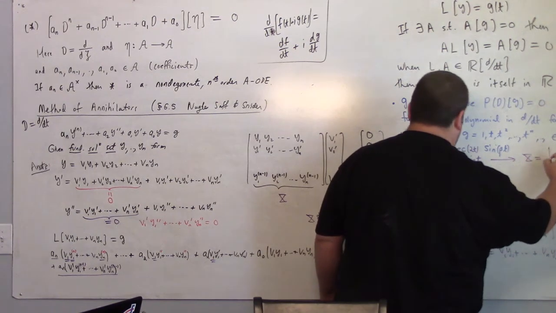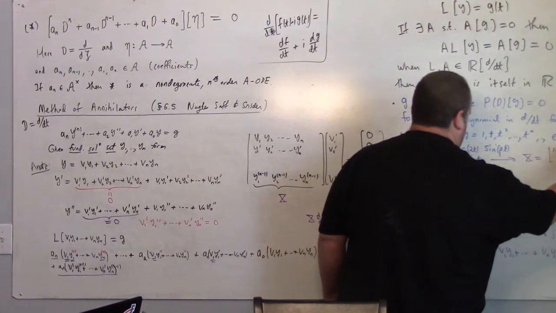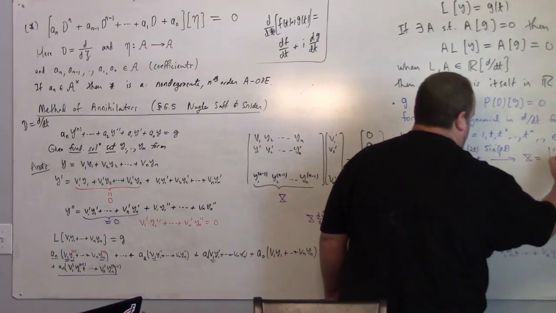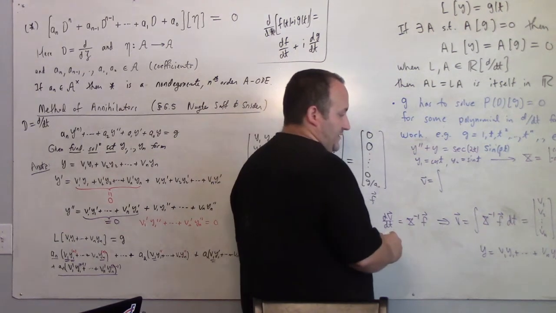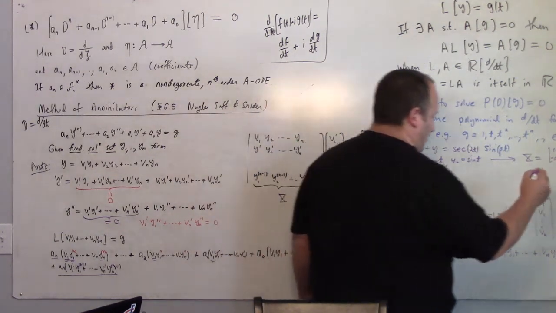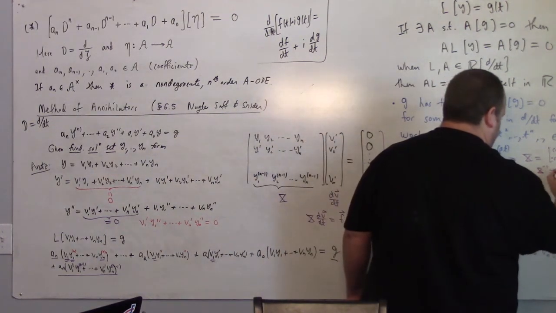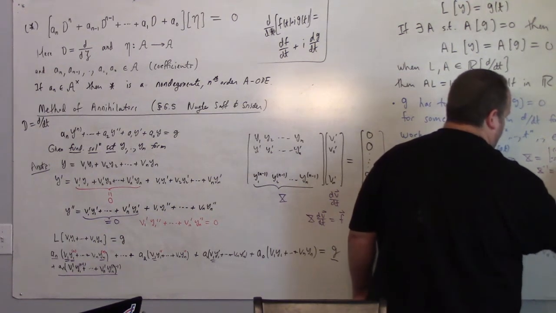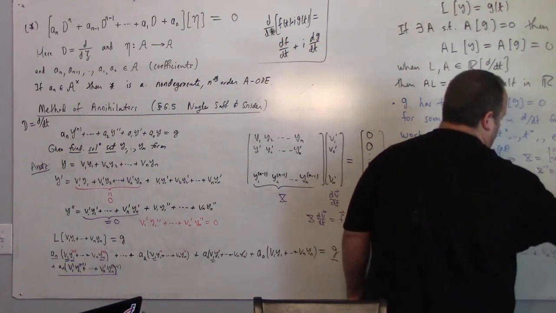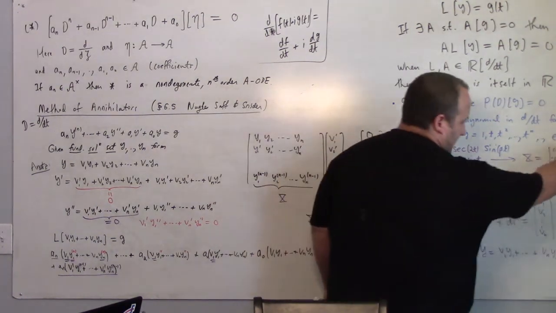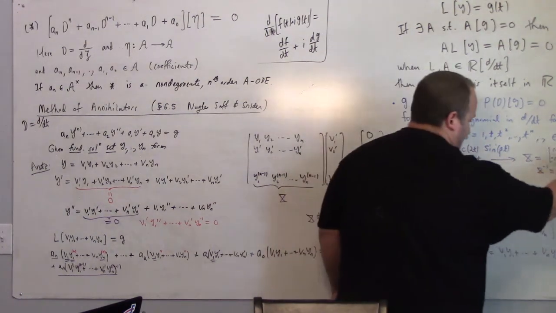X is the matrix with cos t, sin t in the first row and minus sin t, cos t in the second. The determinant is one. So what is X inverse? You flip a and d, and you have to flip the sign of b and c. That corresponds to the fact that X is rotation by t, and the inverse is rotation by minus t.